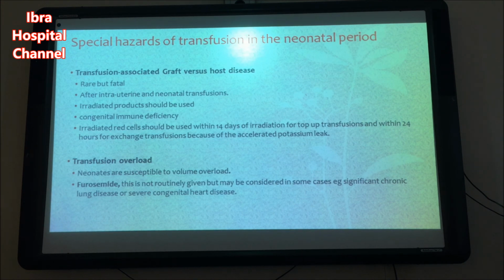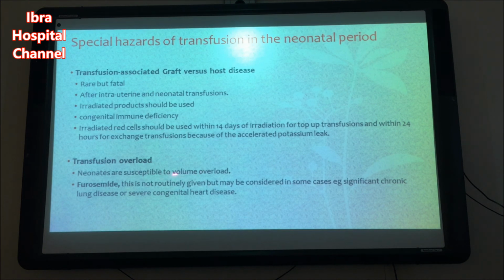I need such and such volume to reach the target hemoglobin, and you give everything at once. And with his weight, it's very easy to go into transfusion associated circulatory overload. His heart will start failing. He cannot pump all the fluid you are putting into him, in addition to the IV fluids that have been running for a while.